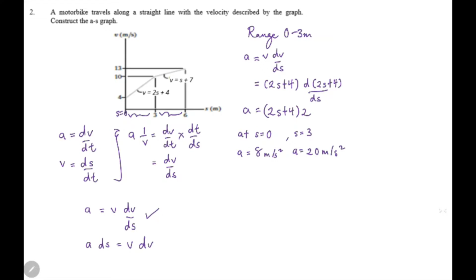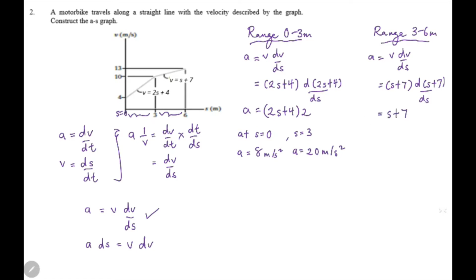So we do the same for the range between 3 to 6 meters. What happens is we have a equals v dv per ds, so equals s plus 7 times d(s plus 7) per ds. That would leave us with s plus 7.